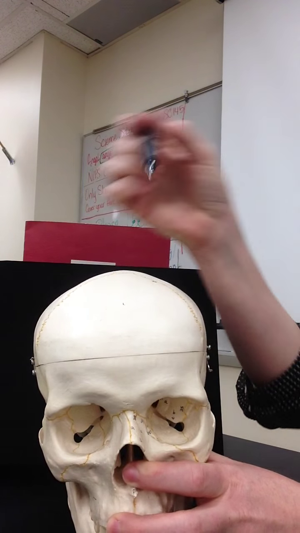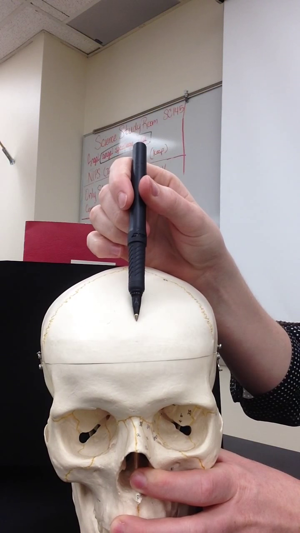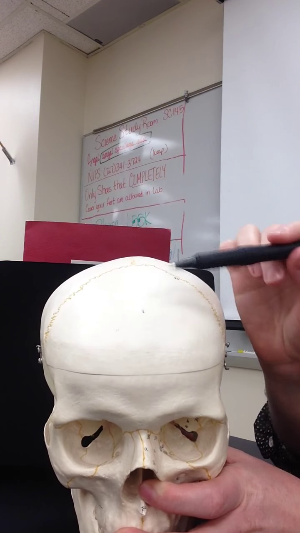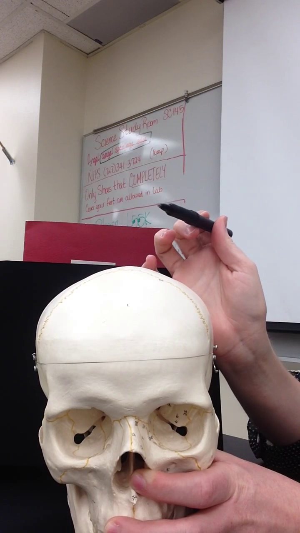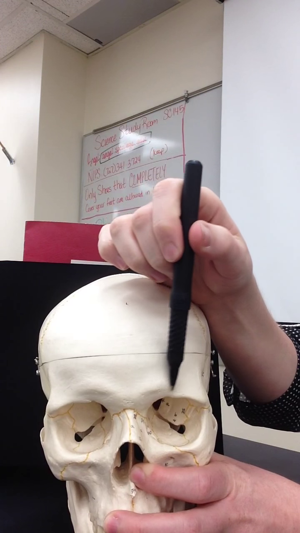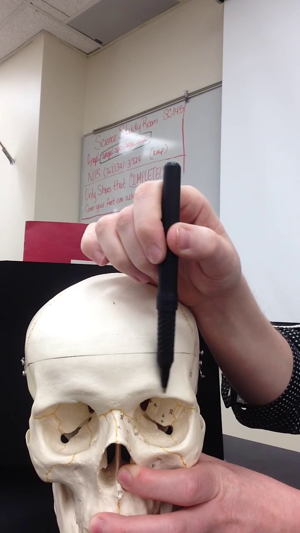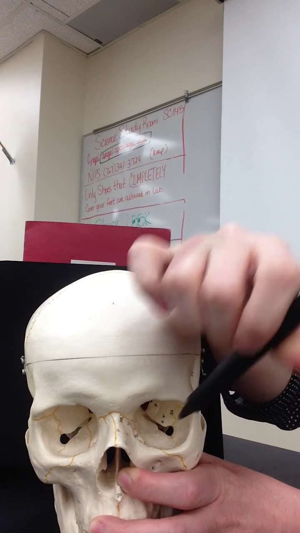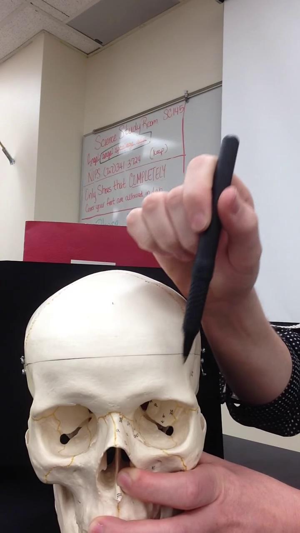Here we have our frontal bone, and our frontal bone is basically just our forehead. So it's going to be our anterior aspect of our skull, and it also provides us the superior border of our orbit. Orbit is just a term for the eye socket.